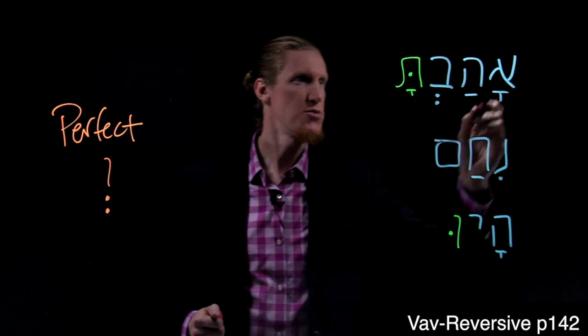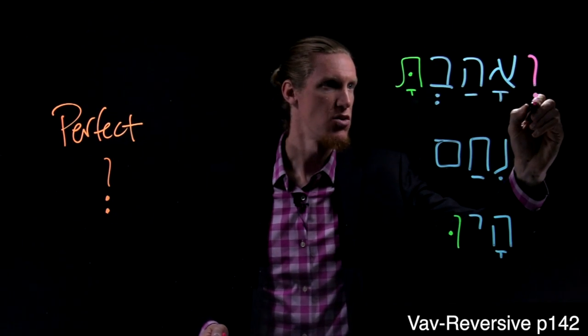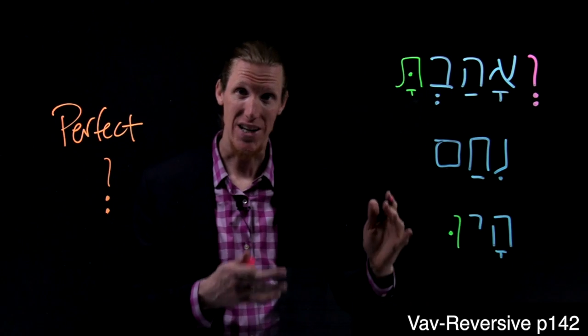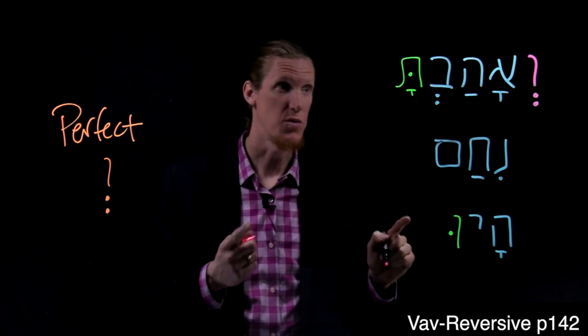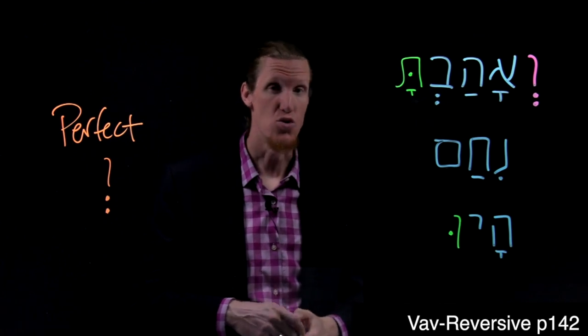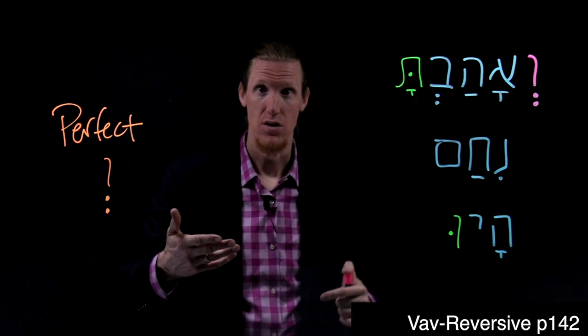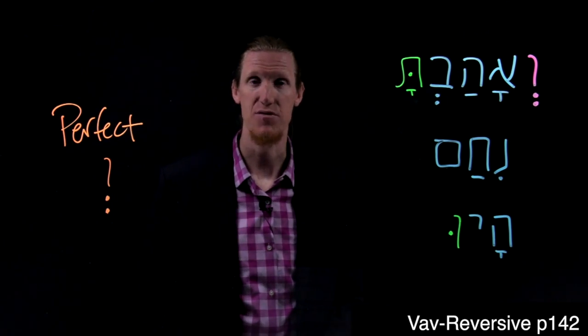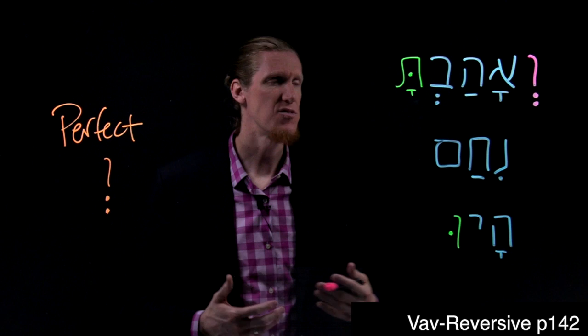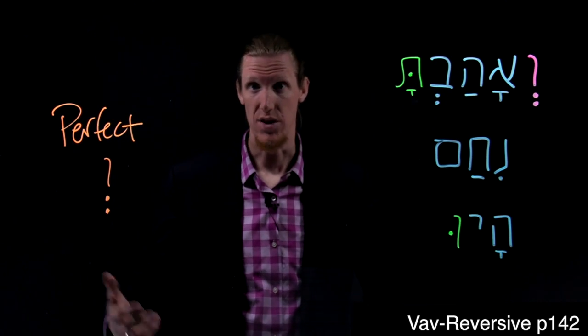But if we attach a Vav with a Sheva onto the beginning of it, now it's a Vav-Reversive. And so we would translate it either you will love or love, you shall love, sort of carrying imperative force, or in the subjunctive, something like, oh, that you would love.